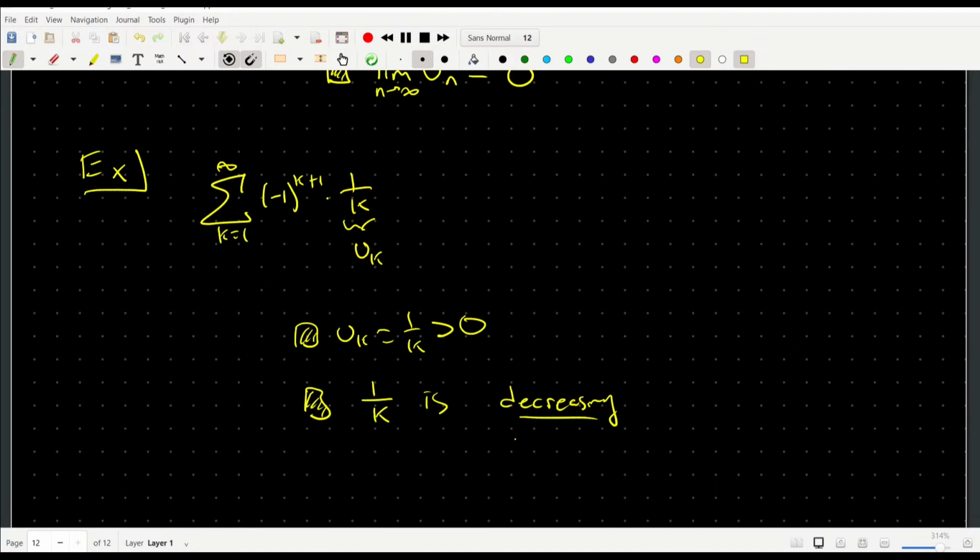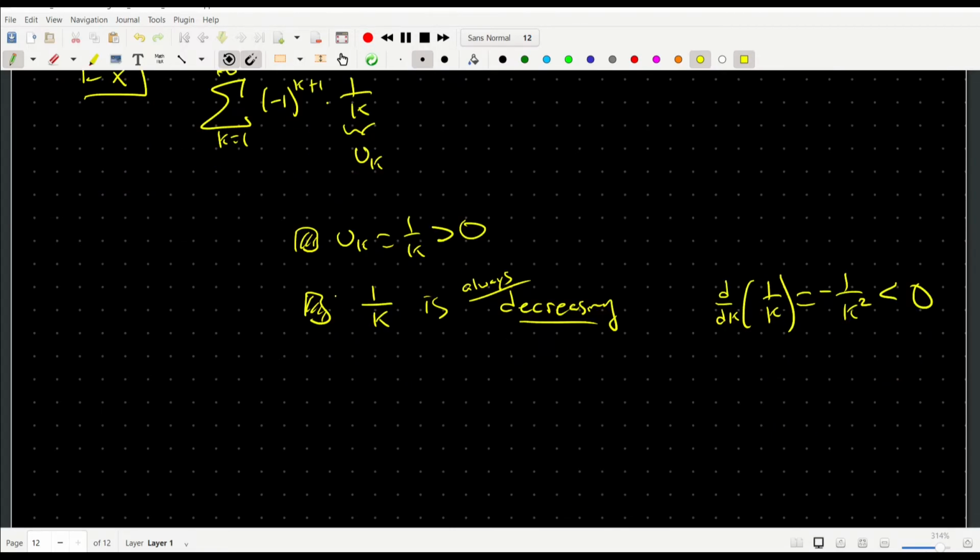So it's not just eventually decreasing. The function 1 over k is always decreasing. As you increase k, this thing gets smaller and smaller, which you can show if you take the derivative with respect to k of 1 over k. This is negative 1 over k squared, which is less than 0. And so this is decreasing. And then lastly, the limit as k goes to infinity of 1 over k is equal to 0.